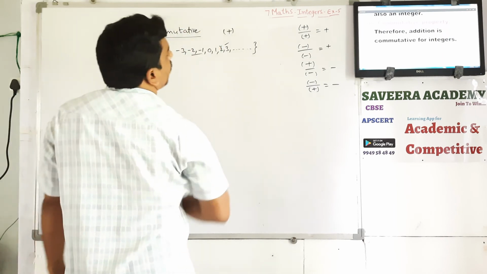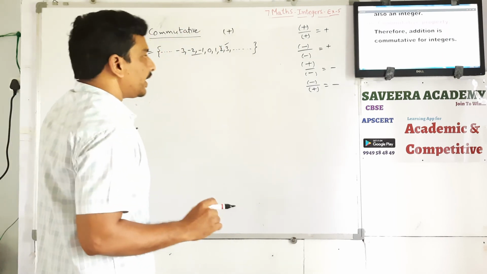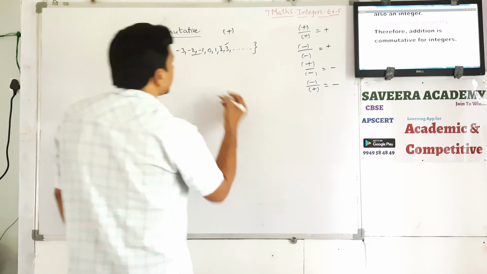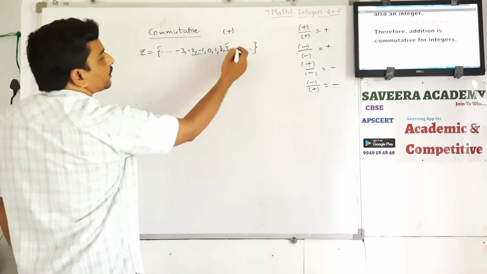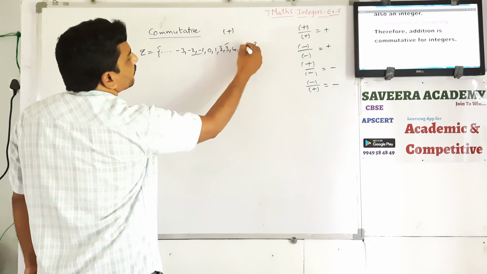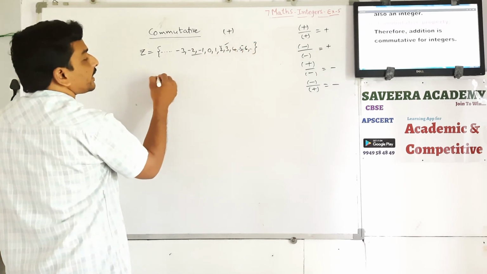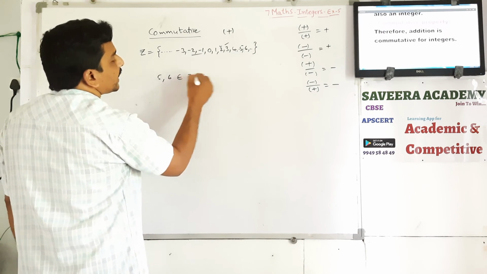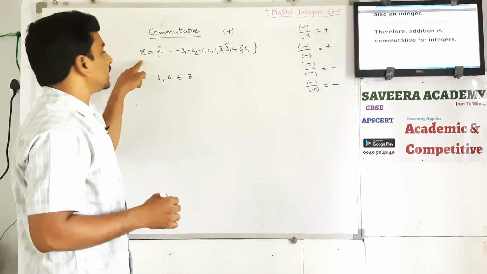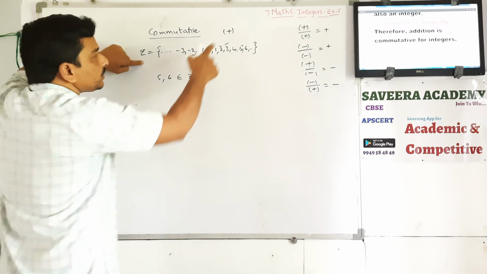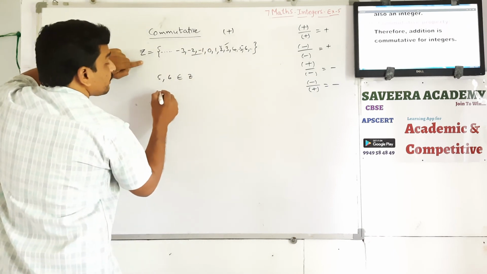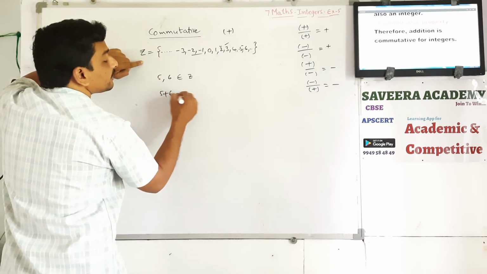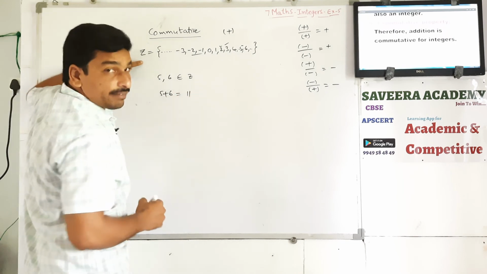Commutative property under addition means, suppose you take 2 plus 3, or 4, 5, 6 and so on. Let us take 5 comma 6, which belongs to Z. 5 and 6 are elements in the set Z. The operation we have to take is plus. First find 5 plus 6, you will get 11.